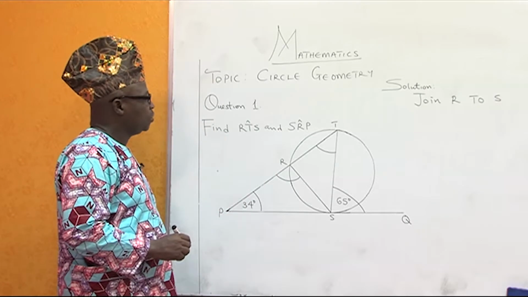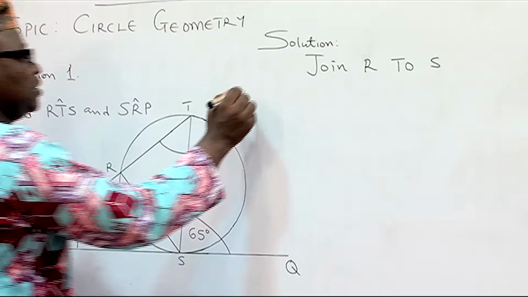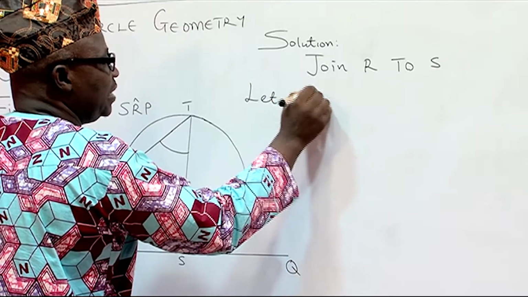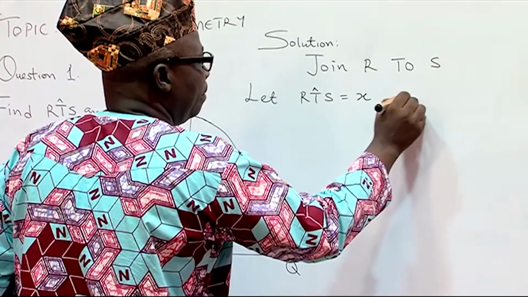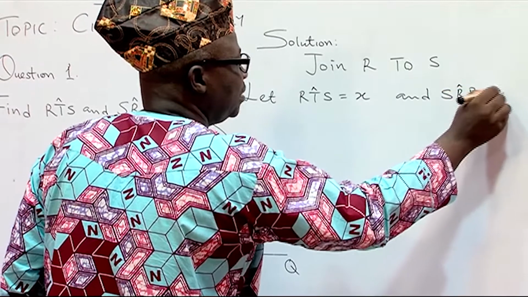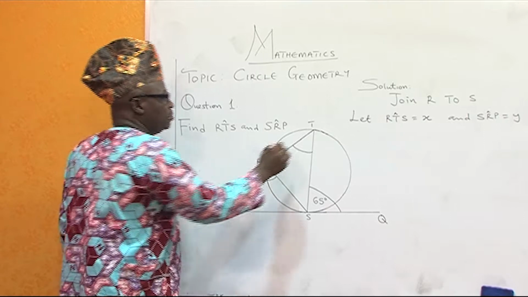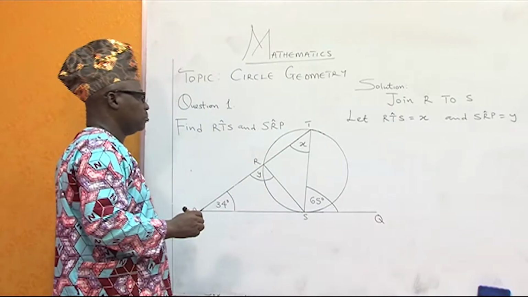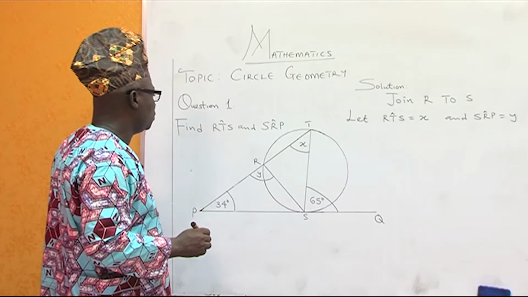Now, at this point, I'm going to use a letter to denote what I'm looking for. So I can say, let angle RTS be X and angle SRP, let it be Y. So I'm going to put that in my diagram. This is X and this is Y. I still have another point I may like to refer to.